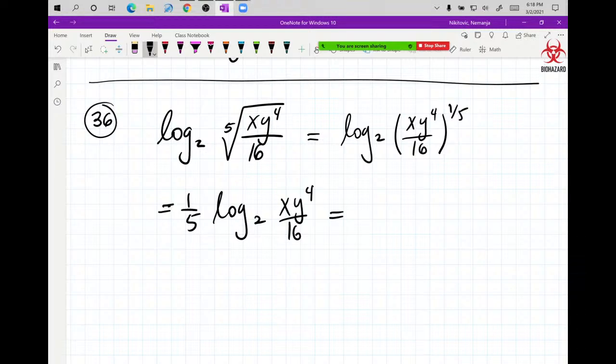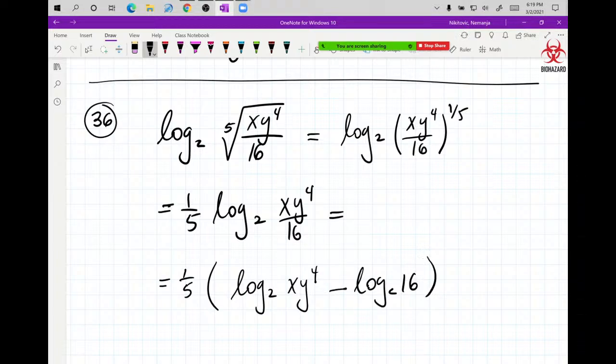Right, so we're going to do subtraction now. And this 1/5 will multiply everything. So we'll open parenthesis because 1/5 needs to multiply everything. So that's going to be log base 2 of xy to the 4th minus log base 2 of 16.